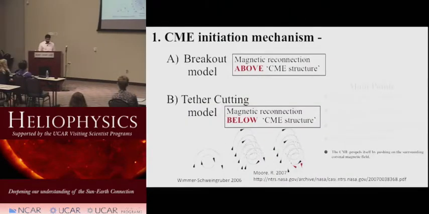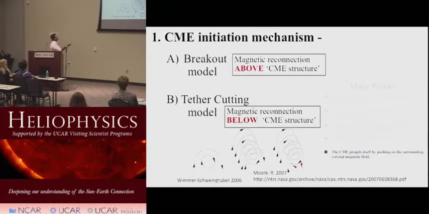So out of these two mechanisms for CMEs, the general concept that you want to walk away with is, where does the reconnection occur? And so the breakout model focuses on having magnetic field lines reconnect in an arcade above the CME structure, or above the flux rope.